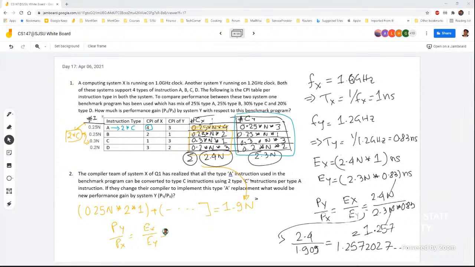Ey will be the same, 1.909 N, and this will become 1.9 N, which is about 0.995, a little bit faster. Now system X is a little bit faster than Y on this benchmark program.